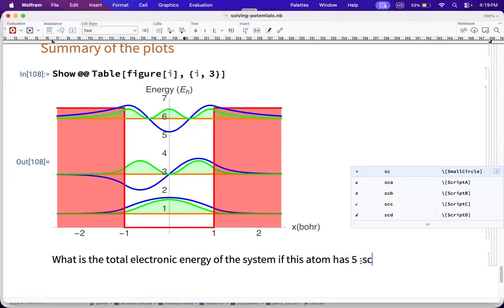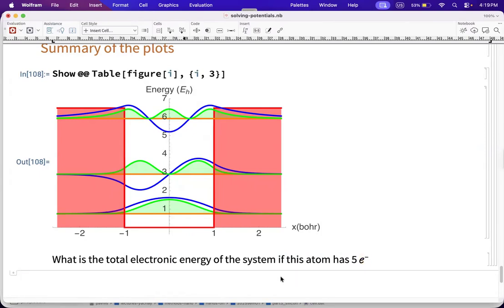Can somebody tell me? What would be the total energy of the system if the atom has 5 electrons? How many electrons can you put here? So please, what is the total energy of the system? How do you compute the total energy? How to do it? Please.